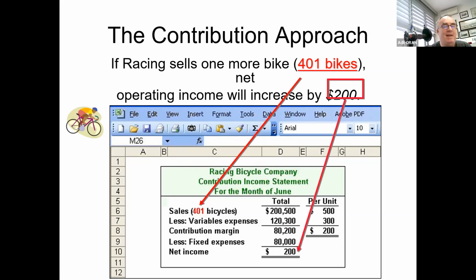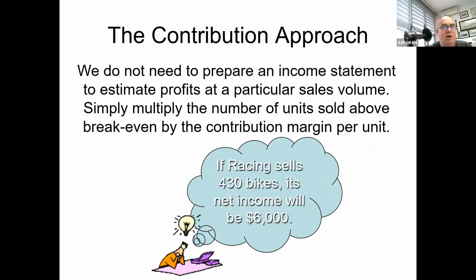Excuse me. That's where we are. So let's consider some alternatives. What if the company were able to sell 430 bicycles? Can we calculate how much our profit would be? Do we have to do the whole graphical version or all of the detail?